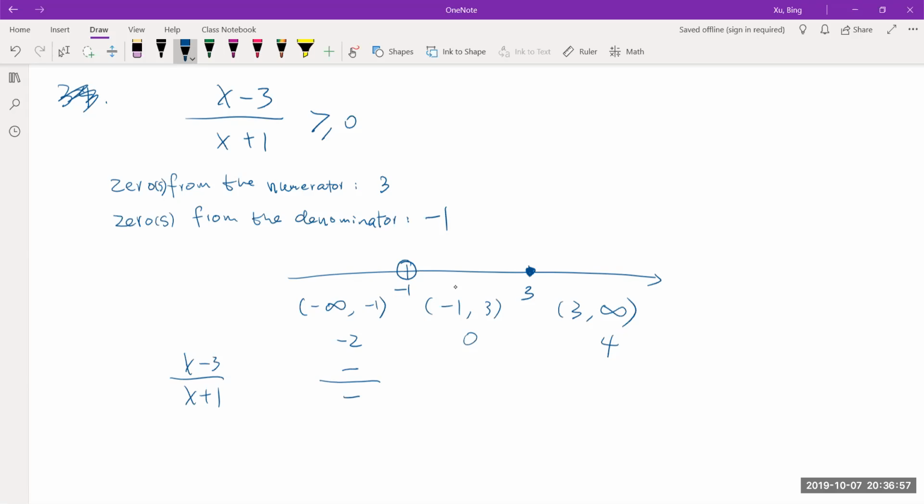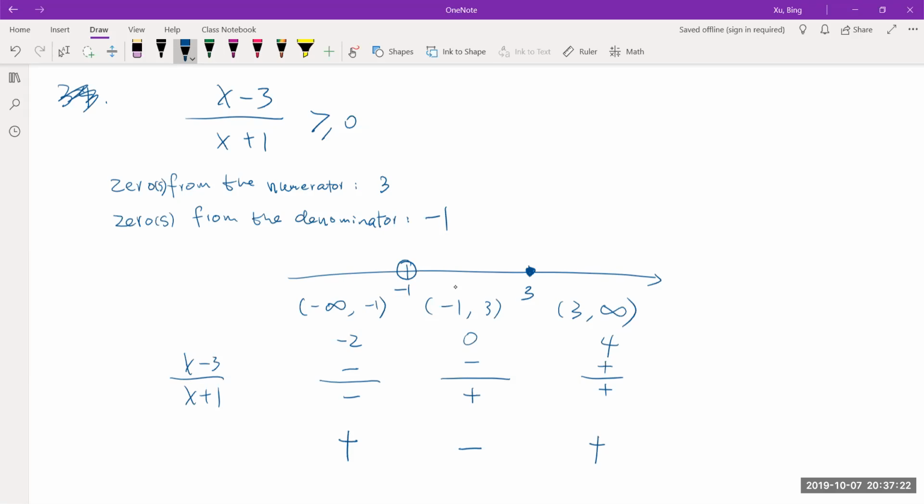Negative divided by negative, it's positive. Okay, so for 0, top is negative over the bottom is positive. So negative divided by positive, negative. Right, third, plugging 4, positive on top, positive at the bottom. So overall positive.